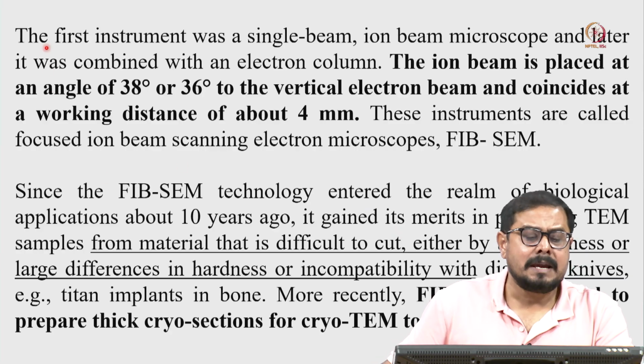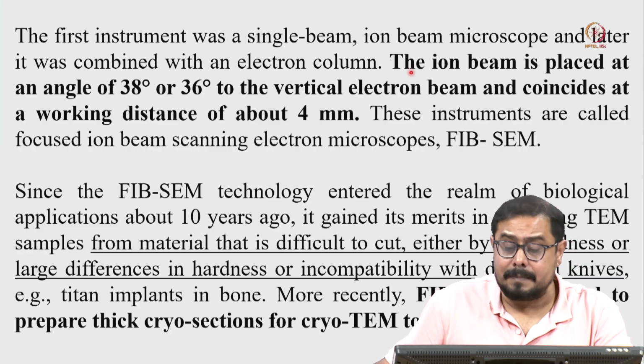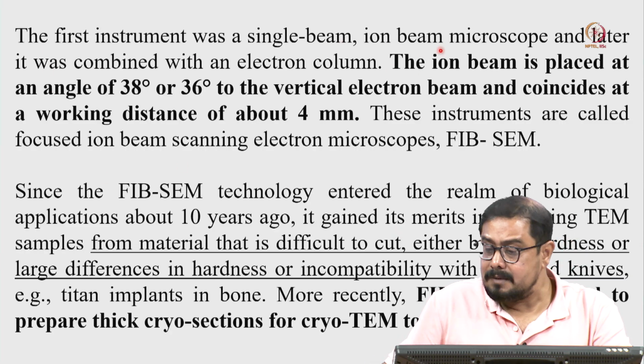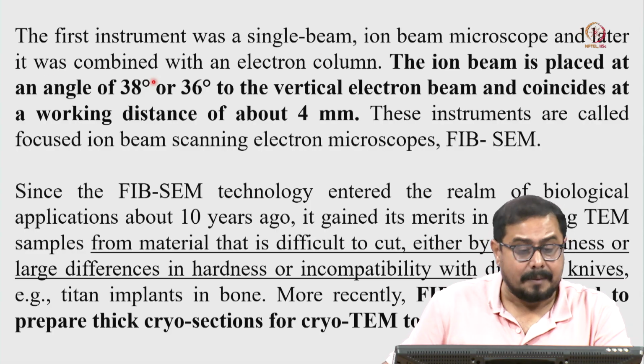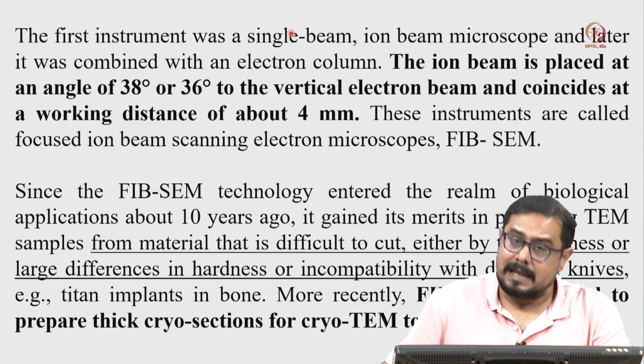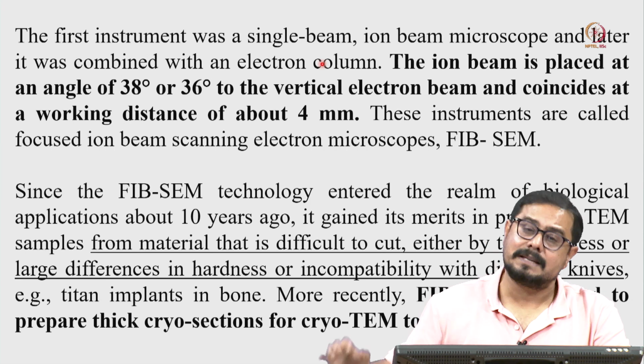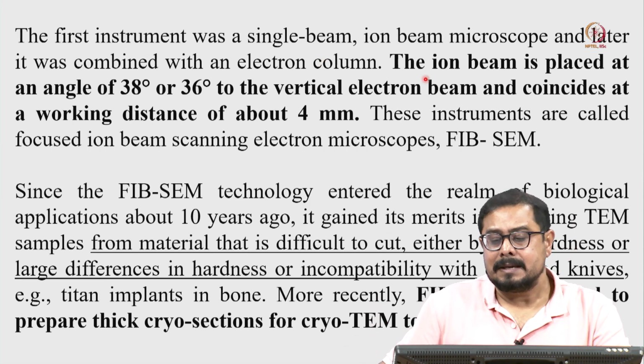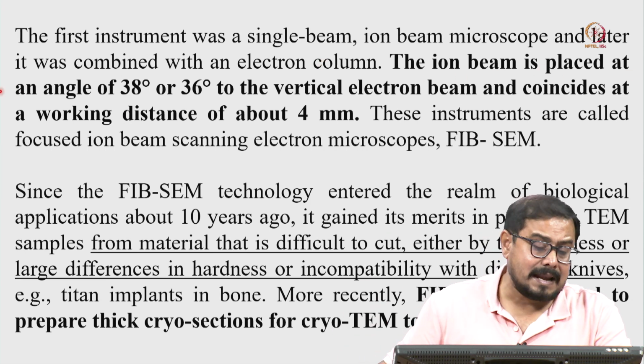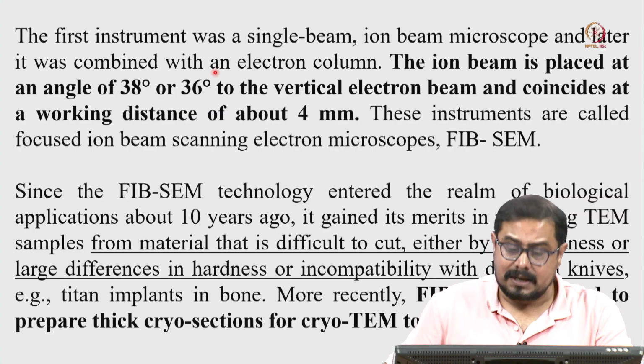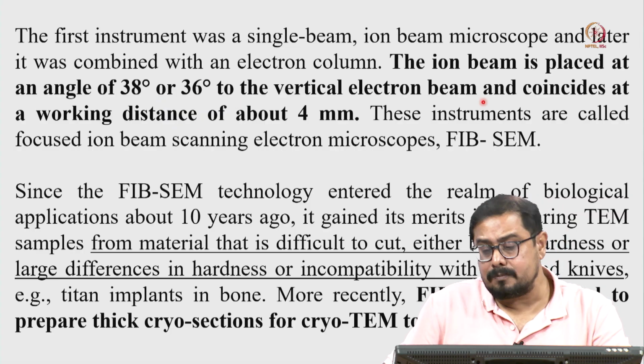The first instrument was the single beam, not the dual beam. It was the ion beam microscope, and later it was combined with the electron column, and that is the point where the scanning electron microscope comes in. This ion beam is placed at an angle, 38 or 36 degrees to the vertical of the electron beam.